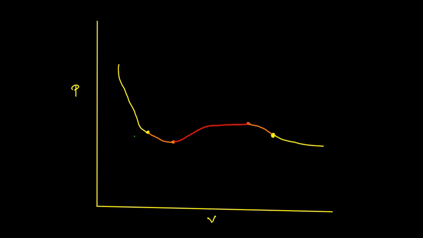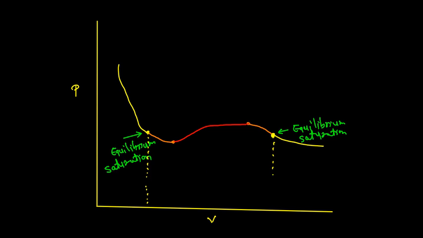So now I can mark this, the equilibrium saturation, so is this point, equilibrium saturation. And I drop these two points here, and I get VL and VV, and this was at a given temperature.